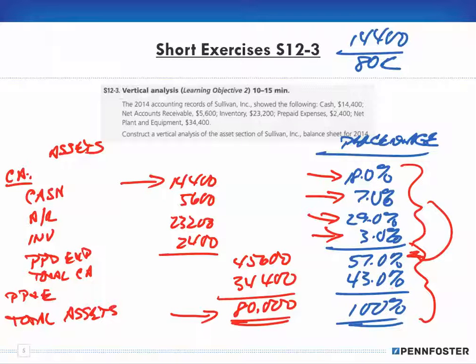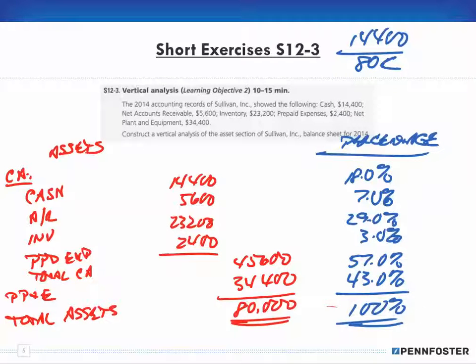And since you only have property, plant, and equipment left to do, you could subtract the 57% from 100% in order to get the 43%, because the 80,000 is 100%. Okay, so more than one way to do that, but you do have to work through these initial percentages. Okay, so that is that particular problem.